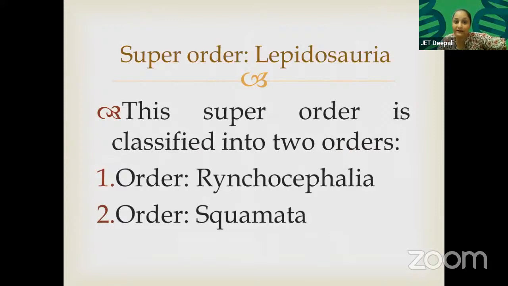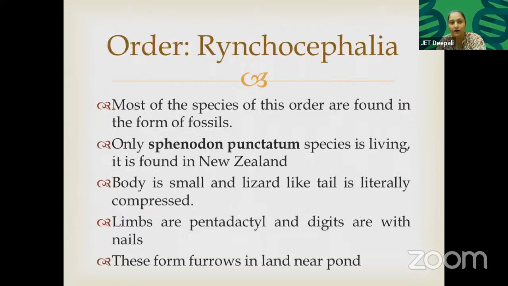This superorder is classified into two orders, and these two orders will further divide into suborders. The two orders are Rhynchocephalia and Squamata. Now, what is order Rhynchocephalia?